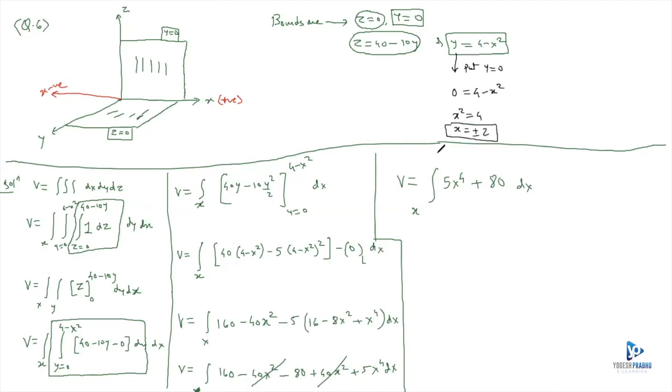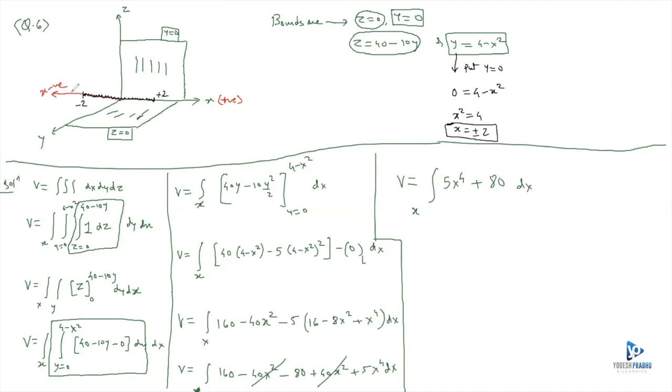So the range of x is going to be from plus 2 to minus 2. Now you'll ask me how I get this, right? No, I got it. Your x is going to be from plus 2 to minus 2.